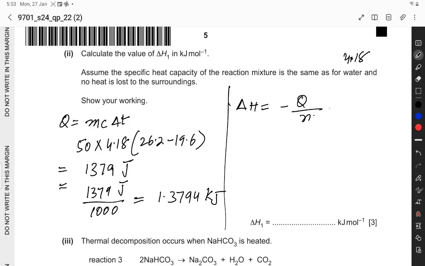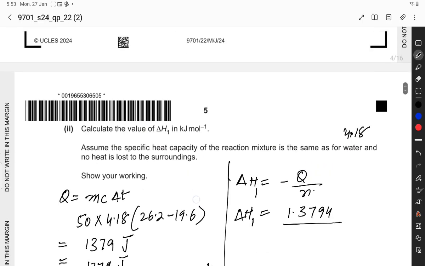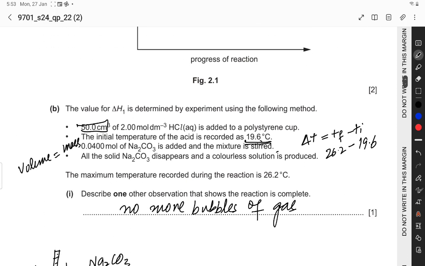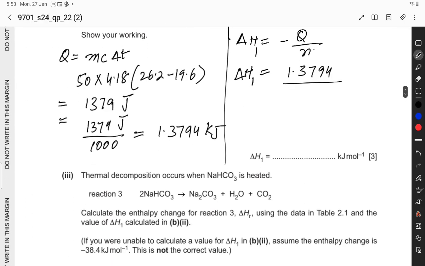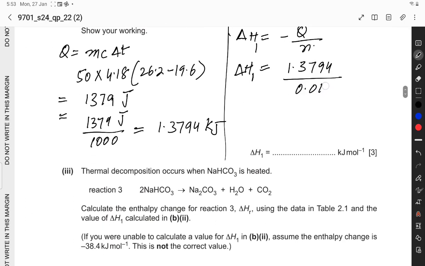Now delta H is equal to minus Q over n. So we have Q, this is delta H1, 1.3794 divided by the moles. By calculating moles of sodium carbonate, 0.0400 mole. The answer is minus 34.5 kilojoules.